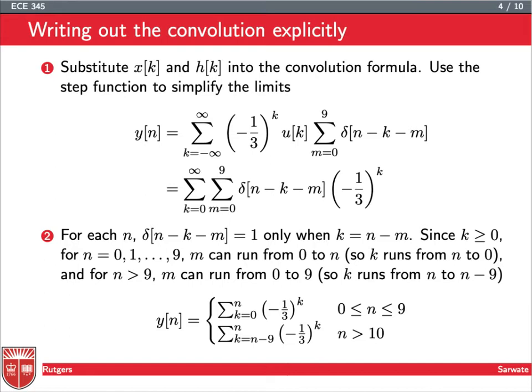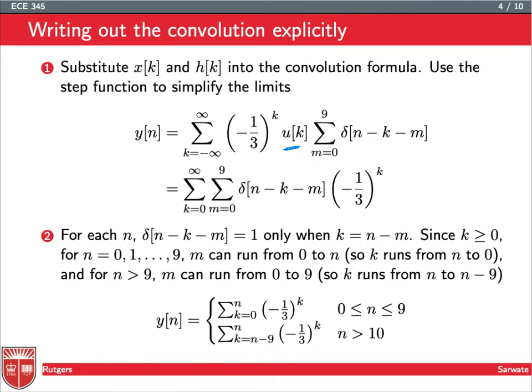We can substitute x and h into the convolution formula, and then use the step function, this u, to simplify the limits. So what does that look like? We're going to write x of k, and then we're going to write h of n minus k.